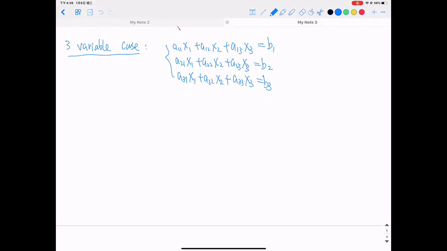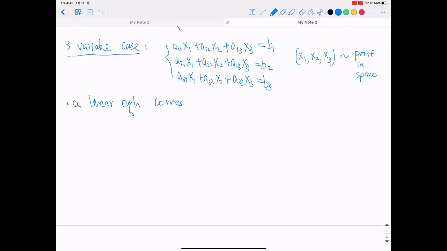Now, what's the geometry here? In the three variable case, what I should do is remind you that the triple x1, x2, x3 corresponds to a point in three-dimensional space.